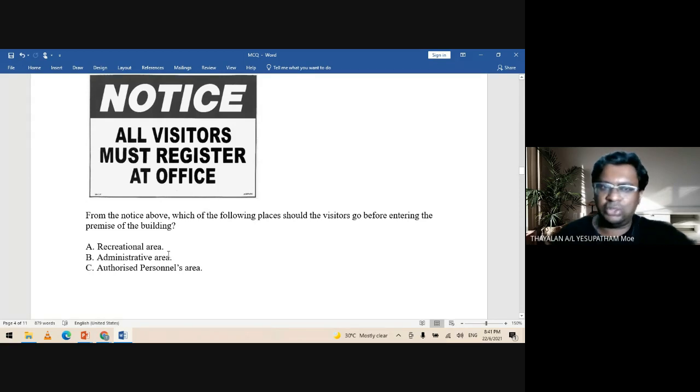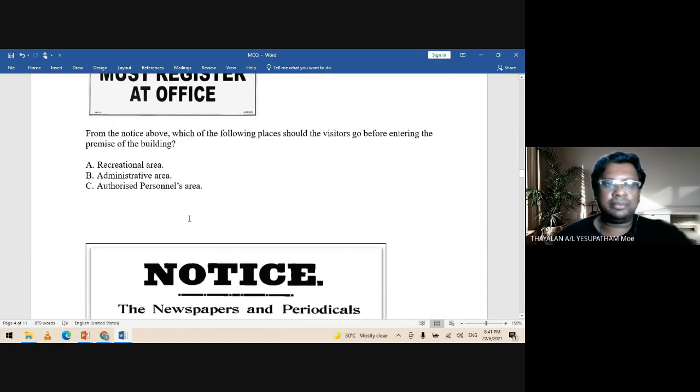This has got nothing to do with recreational area. Now, C, authorized personnel's area. Not everyone can go. Only authorized personnel are allowed. So the answer is administrative area, where it is an office.